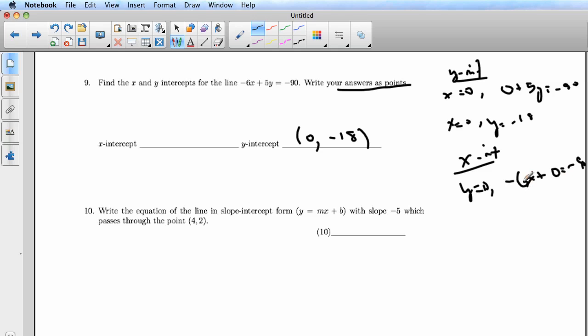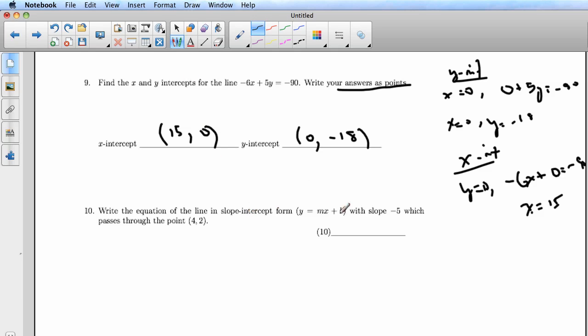If I multiply both sides by negative 1/6, or divide both sides by negative 6, I'll get x equal positive 15. And so again, as a point, the y-coordinate is 0, the x-coordinate is 15. So my x-intercept is 15, 0.